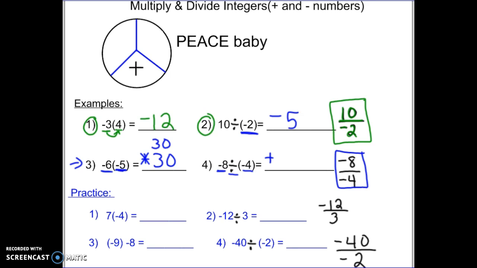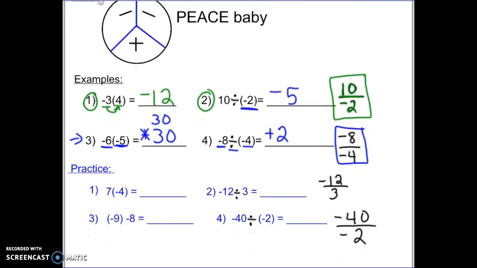Then 8 divided by 4 is 2. A negative divided by a negative is a positive, just like a negative times a negative is a positive.